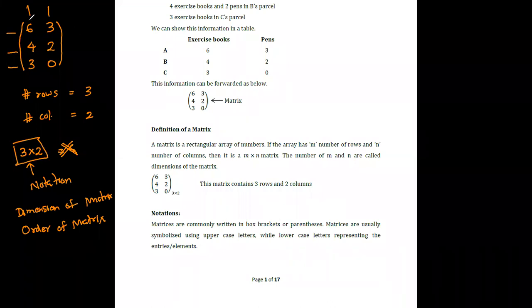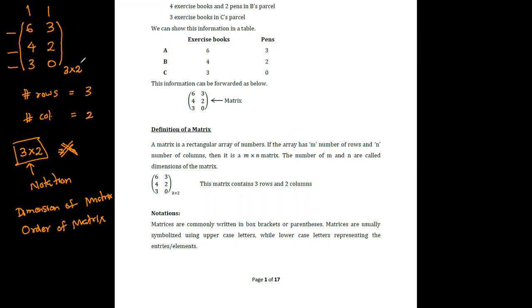As soon as you write a matrix, with 3 rows and 2 columns, you can write down the order of the matrix in this form. Here it is a 3 by 2 matrix, 3 rows and 2 columns.